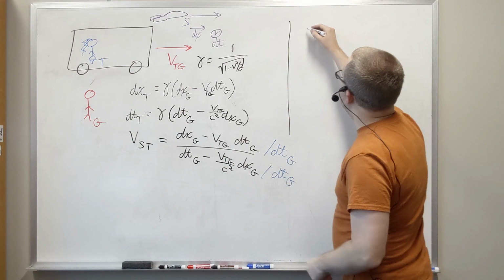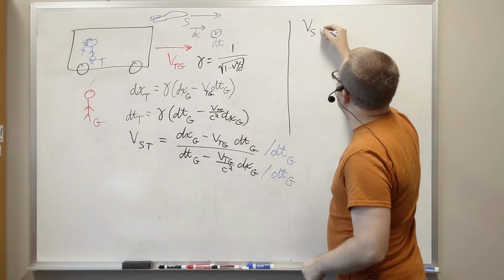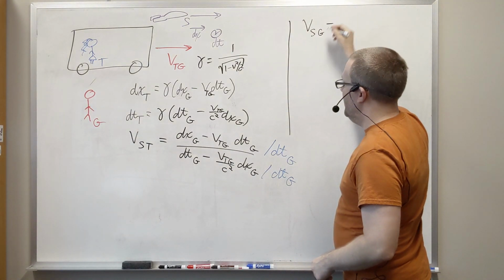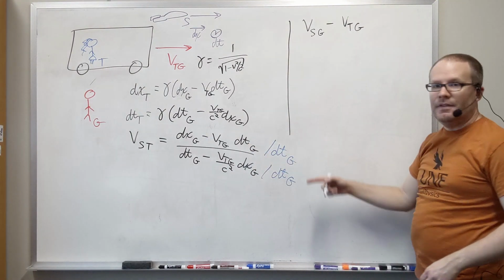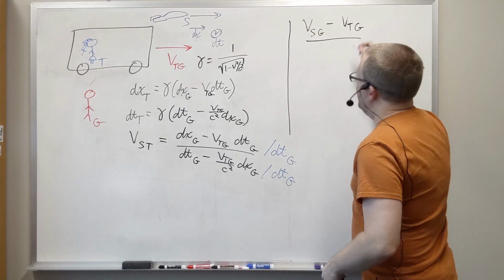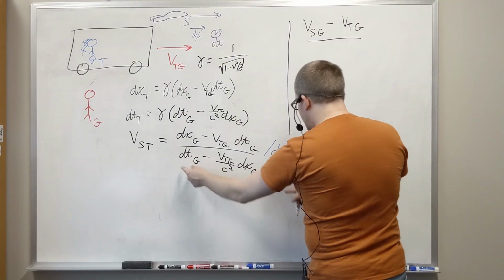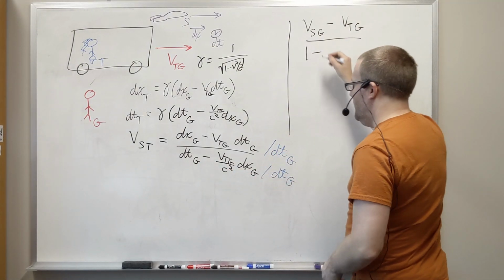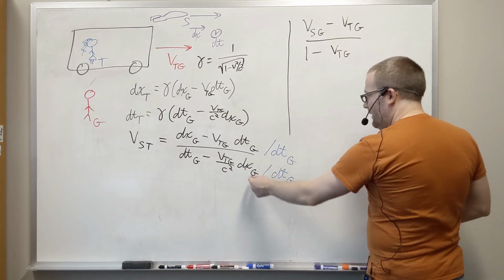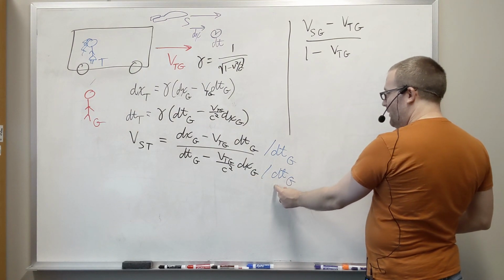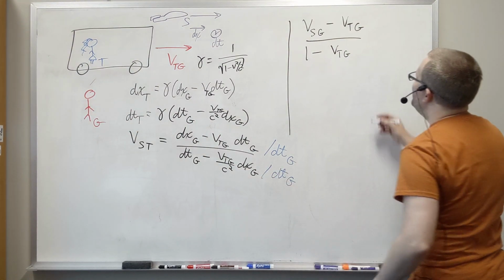Because they match, that's going to be the velocity of the ship as measured from the ground minus the velocity of the train as measured from the ground, and this dtg and this dtg cancel. So I'm going to divide that by dtg and a dtg. Those will cancel, give me a 1, minus the velocity of the train measured by the ground. Here I've got dtg over dxg over dtg again.